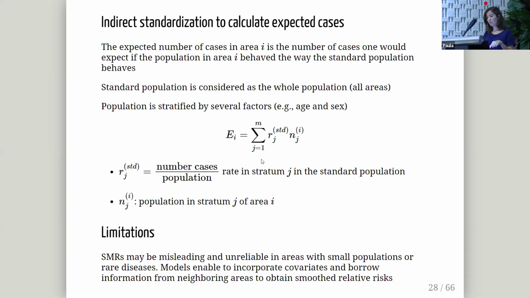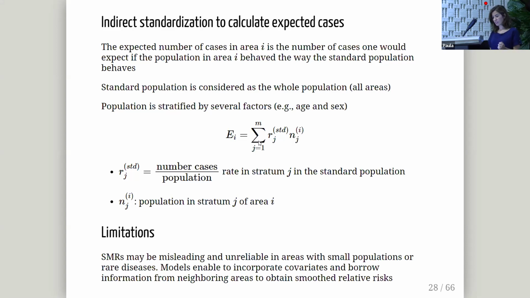And then we sum over each of the strata. And this is the formula that we use. This is to take into account that different areas will have different age and gender structures, and we want to calculate the expected counts in each of them. Any questions?